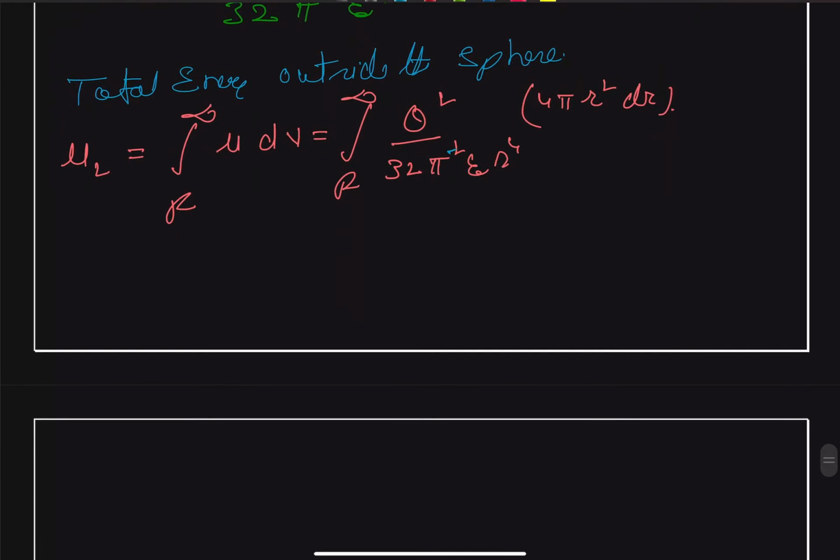And here also this square goes with pi, and we get q square and 32 goes by 8.